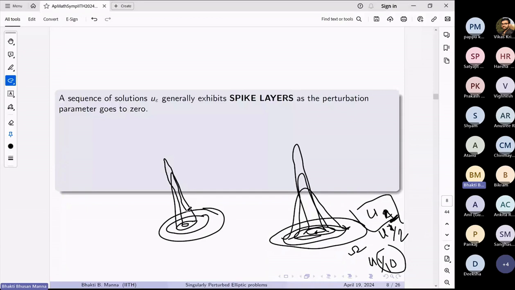Because the support is shrinking, everywhere apart from this point the solution is vanishing. This is the concentration phenomenon, which is observed when people studied it numerically. And it is not only the case that there is just one point where the solution concentrates; there might be many other points where the solution concentrates. This is the numerical result which people have observed. We shall try to theoretically understand this phenomenon in this talk, and why it is happening. What is the reason behind this?